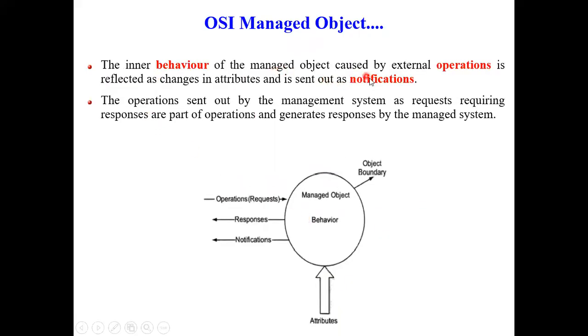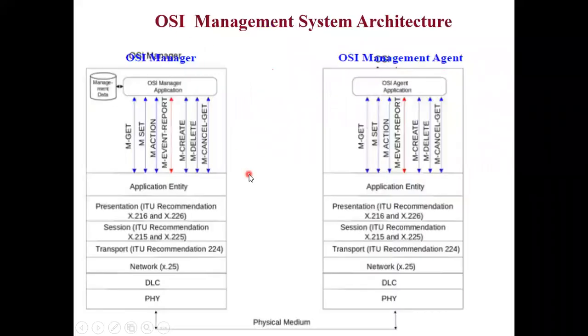The inner behavior of the managed object caused by an external operation is reflected as a change in attribute and is sent out as a notification. Remember when we said that a push operation is performed on a circle, the circle turned into an ellipse. Now I should tell the outside world that the behavior of the object has changed. The keywords which are highlighted are the 5 attributes of the OSI managed object, so that's why I have highlighted those slides.